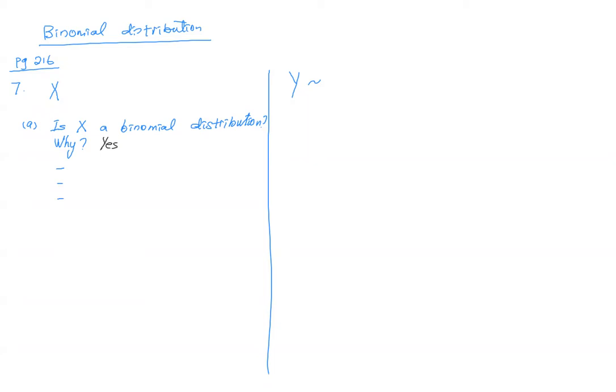I give you 0 marks. Why? How do I know there is a fixed number of trials? How many trials are there? 100. Yes, because you say X is the number of heads which occur when a coin is tossed 100 times.